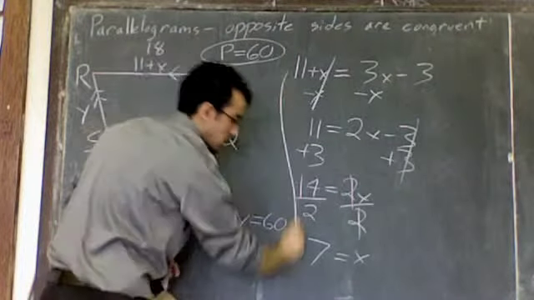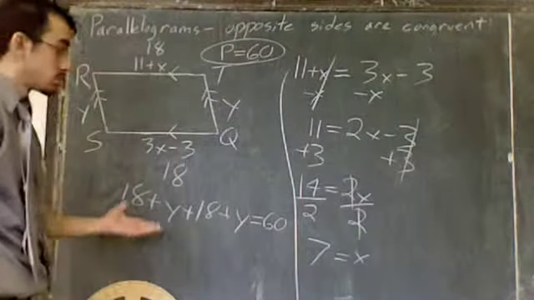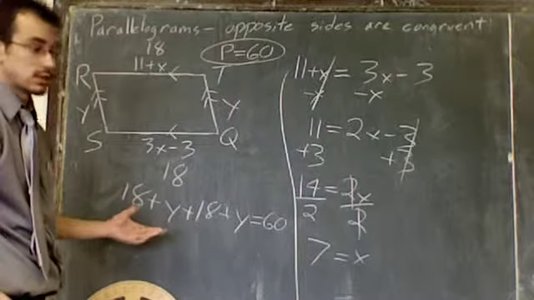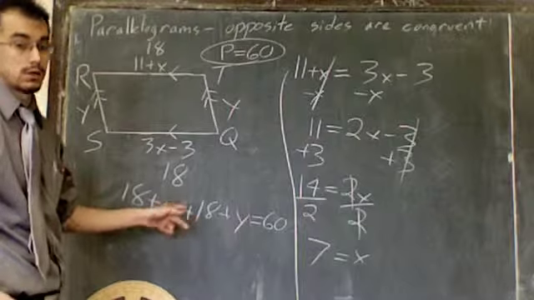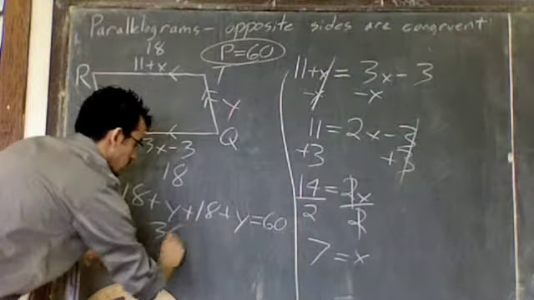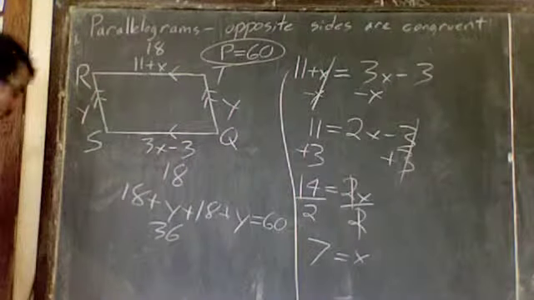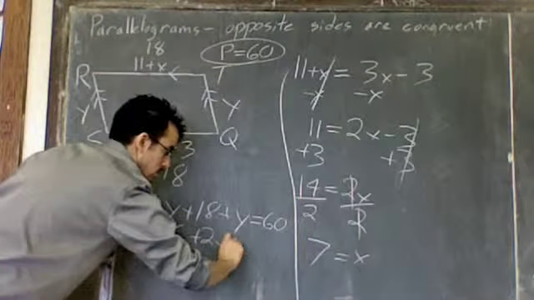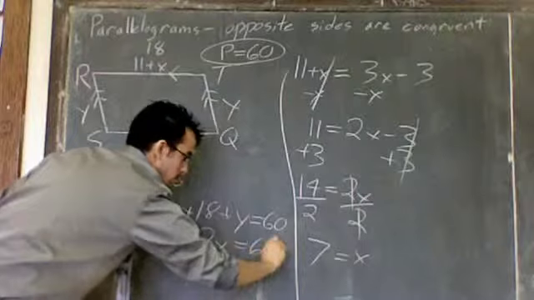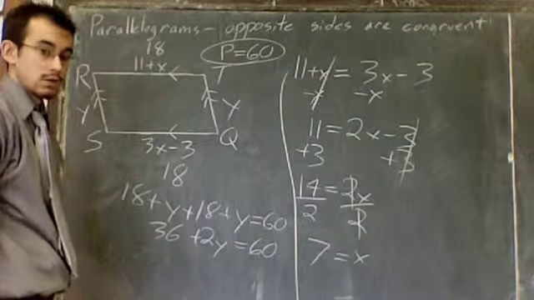Let me put a line there. You can solve this equation. You've solved many equations like this. Combine like terms. 18 plus 18 is 36. y plus y is 2y. Bring down your 60.